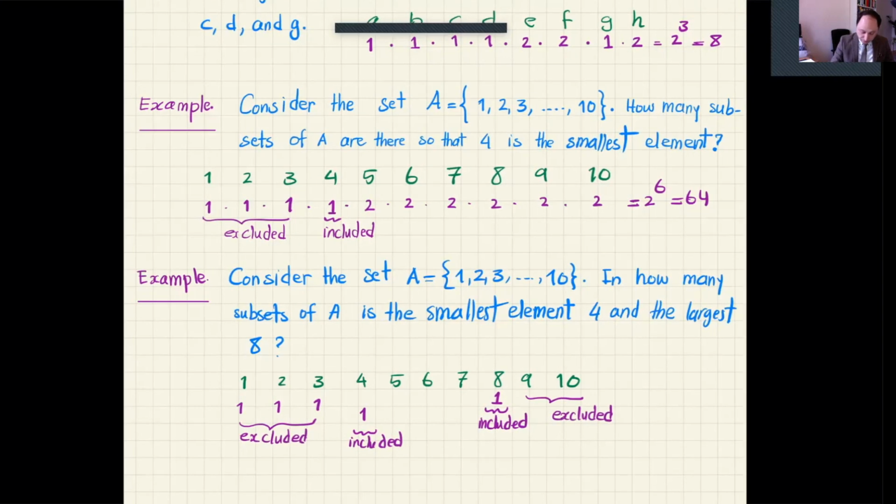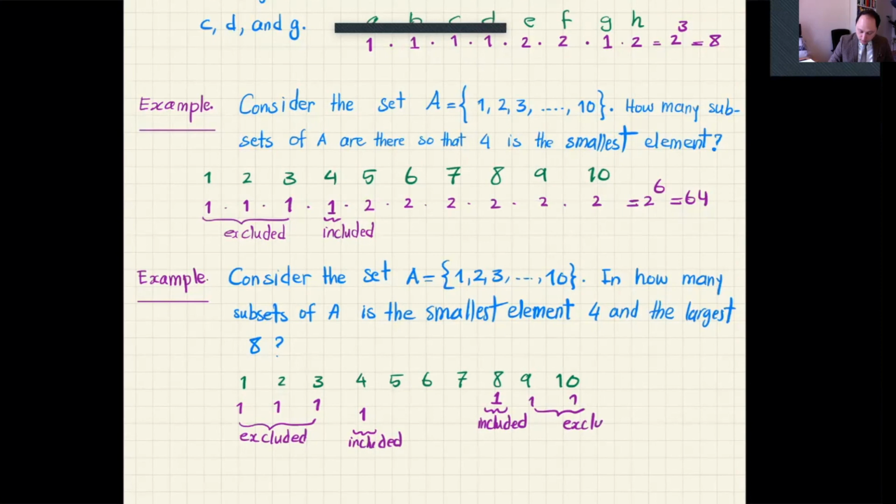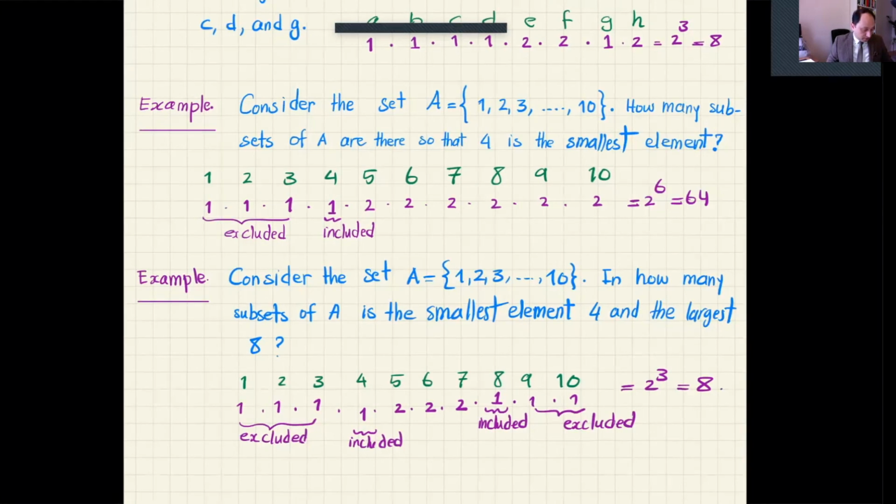So, sorry, I have to write it 1 and 1, and then I would write excluded. But for 5, 6, and 7, I have two options available. So this means that I have to multiply all of these possibilities. So it becomes 2 to the power 3, which is equal to 8. Is that understandable? Yep.